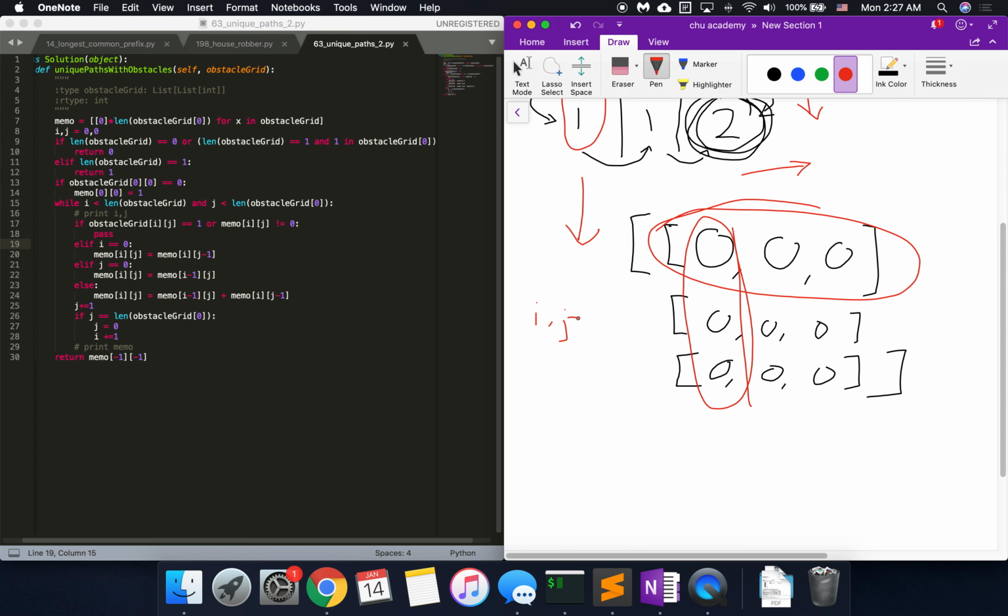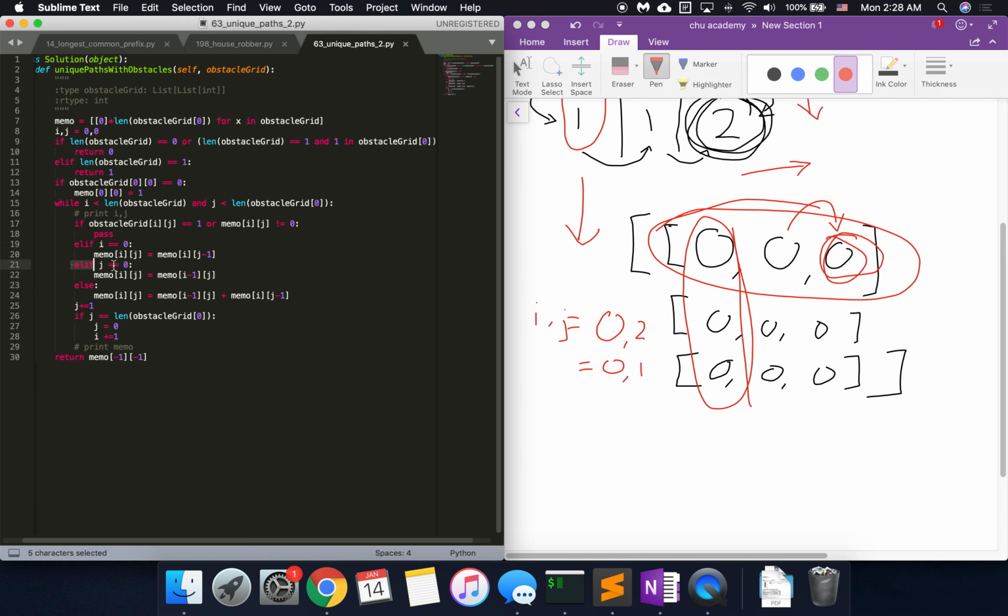If you're looking at this one over here, if i, j equals 0, 2, the number of unique paths that come to this index are from the previous one, which is over here, right? So you have to look at j minus 1, which would be 0, 1.